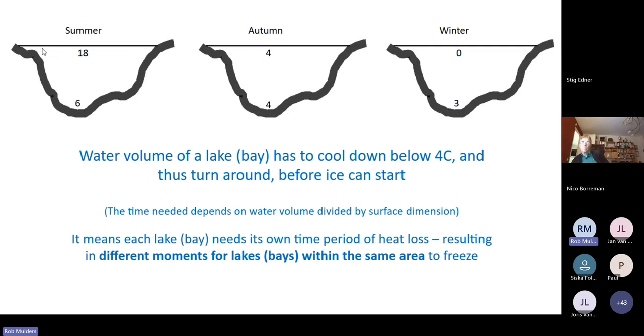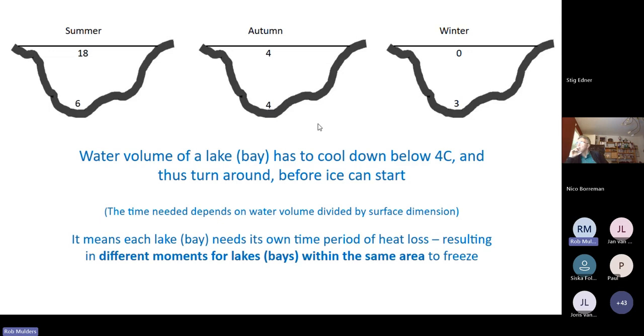Oh, sorry, this is in summer. This is the water layer. And the water temperature is 18 degrees on top and 6 degrees in the bottom in summer. In autumn, the lake cools down, and at some point in autumn, the water in the total lake is 4 degrees. And from that point in winter, when the water cools down further, the top layer can go down to 0.